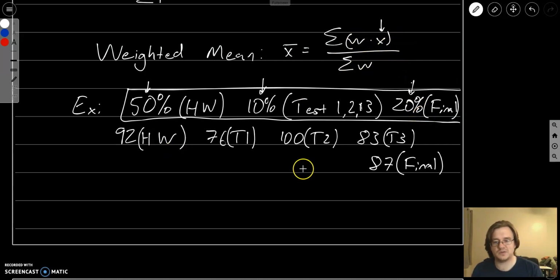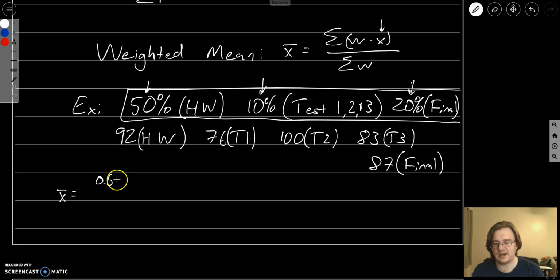So let's run through this calculation. Let's say at the end of the semester, we come up with these scores. We have a score of 92 on the homework, and this will be weighted by 50%. So I'm going to turn 50% into a decimal.